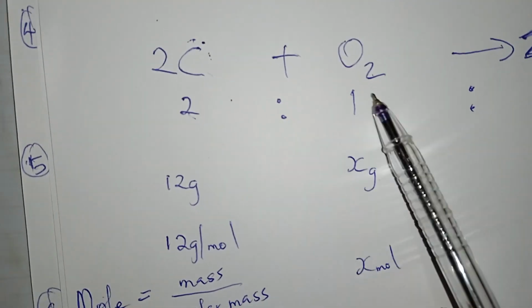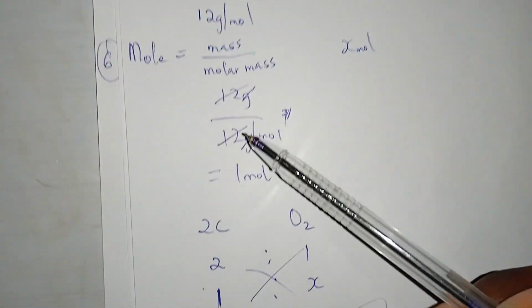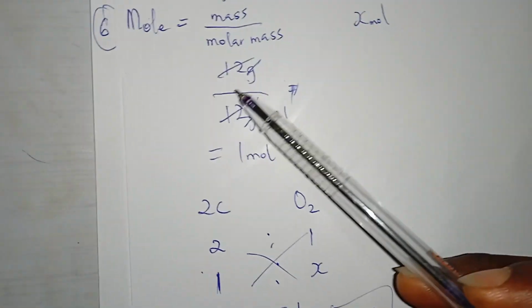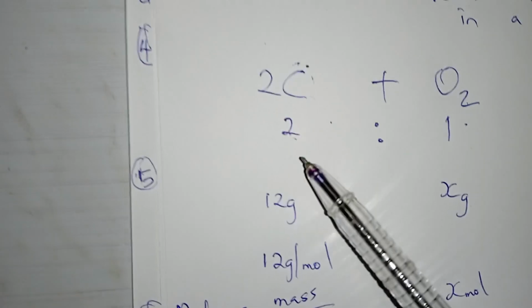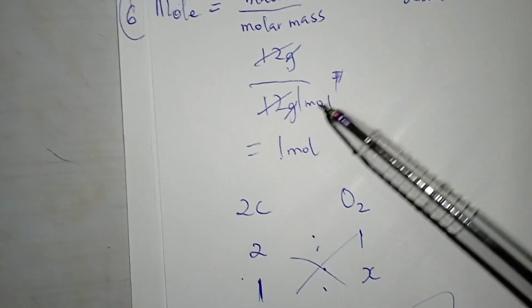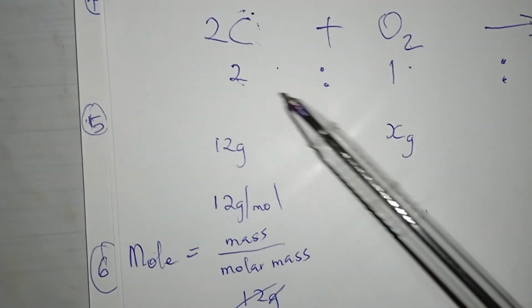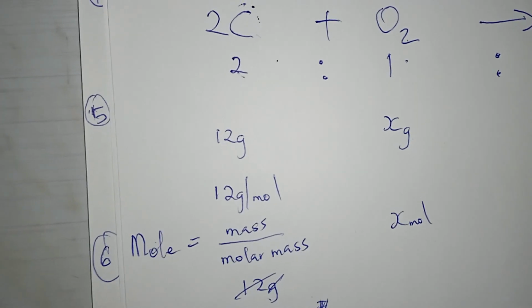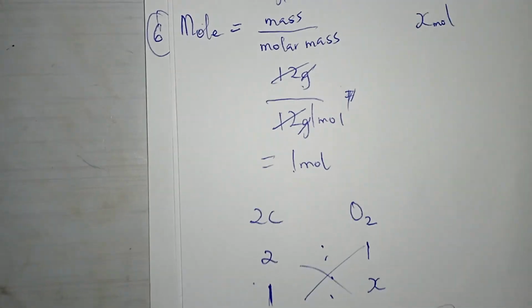Even you will know, it's easy to find out. See, the ratio here is 2:1. Now look at this. When you solved the gram given to you against the molar mass, you got 1 mole, and the ratio you have here is 2:1. That means if you got 1 mole and it's 2:1, carbon is twice greater, or oxygen is half of it. So if you are getting 1 mole, half of 1 mole should be 0.5.